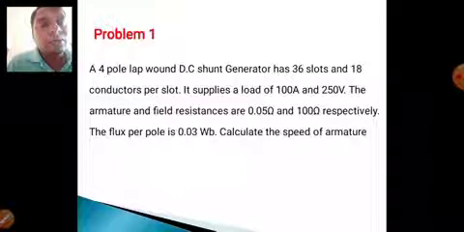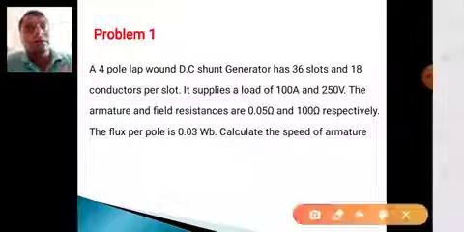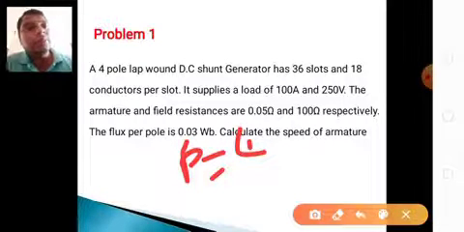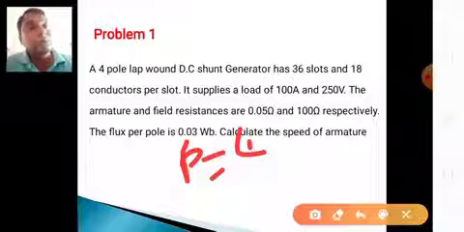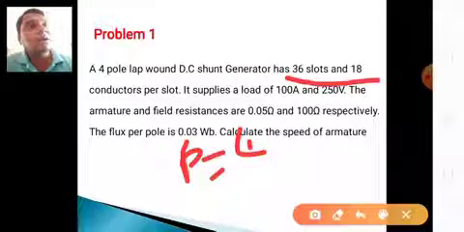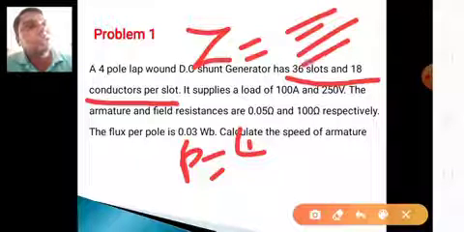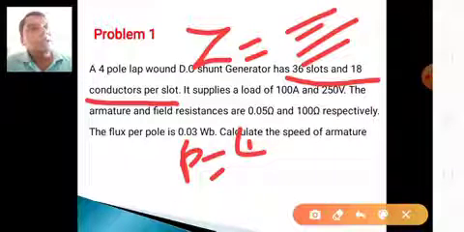A 4-pole means P equal to 4, right? It is a 4-pole machine, that is a DC shunt generator. Here it is 36 slots and 18 conductors per slot. So total Z, the number of conductors, is 36 slots with 18 conductors per slot.